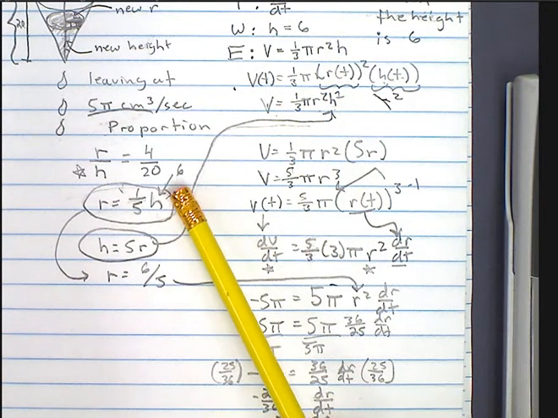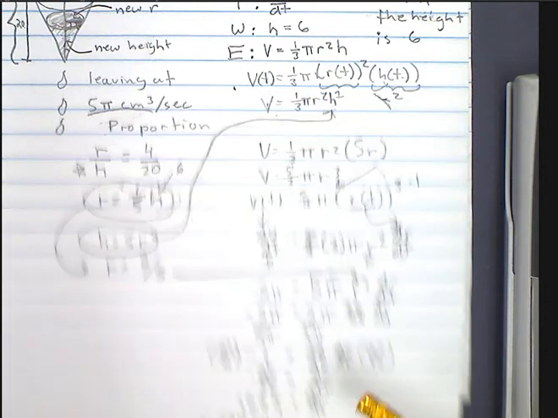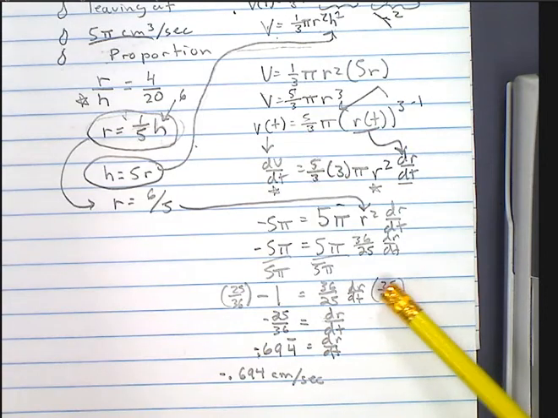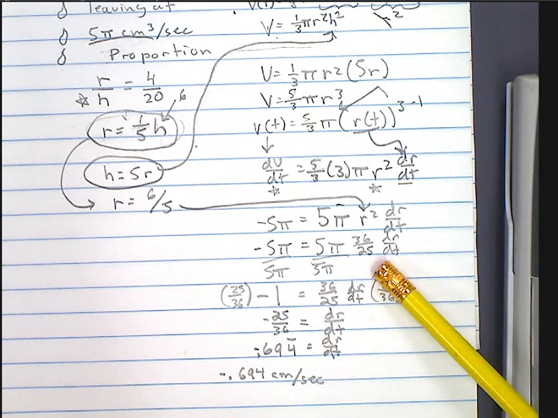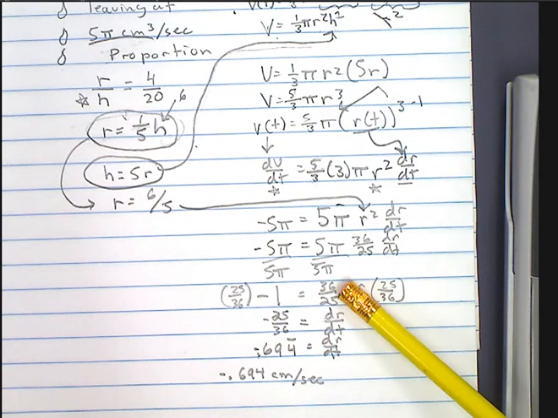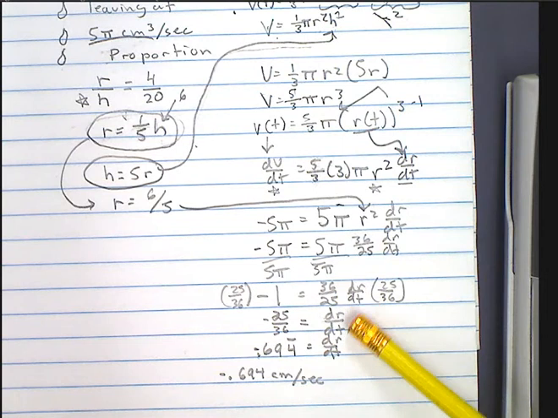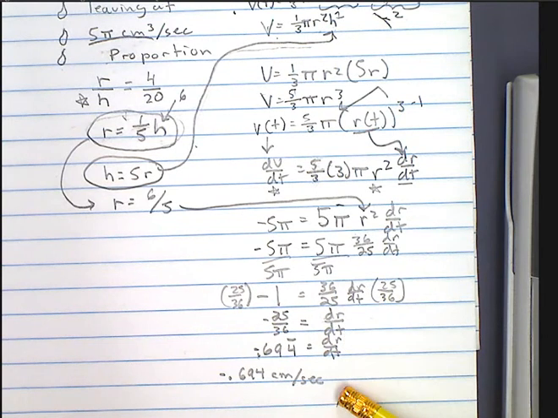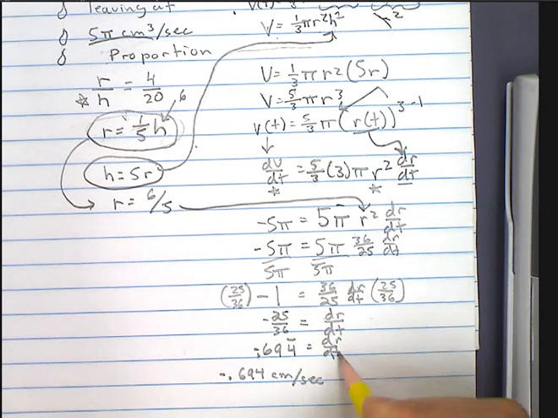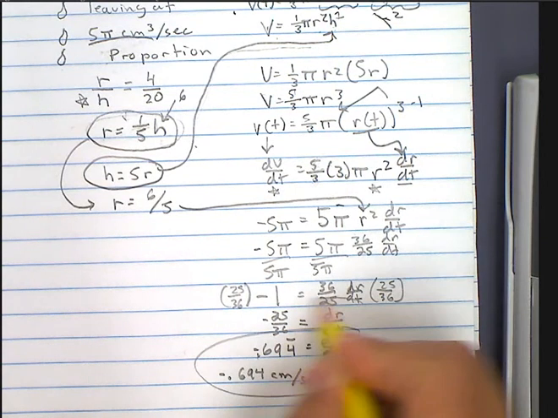And now that I plugged that in right here, it was fairly easy to square it. Got 36 over 25, divide it, multiply it, and then I knew my dr dt, and you can write it as a decimal or leave it as a fraction.